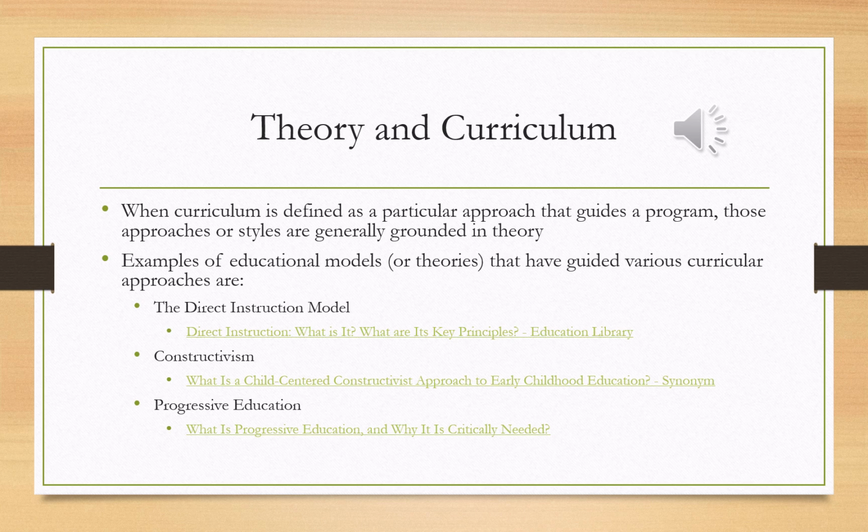So the articles on this page give you more information about each of these educational models or these different theories, but just to know that direct instruction is based off of behaviorism. Constructivism is based off of Piaget's ideas, so children have to construct their own knowledge by hands-on experiences with the environment. And then progressive education is typically attributed to John Dewey. John Dewey thought that children had to have real life experiences where they had at least some measure of control over their learning environment to help them be ready to participate in adult society.